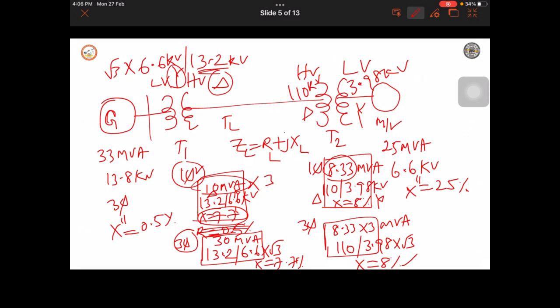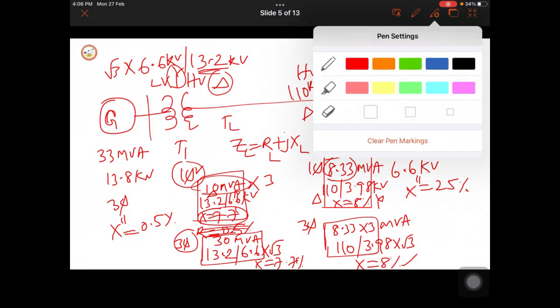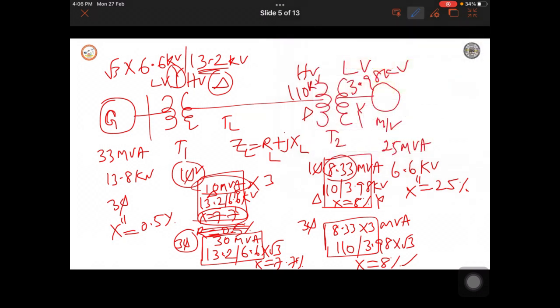And also it is mentioned that the base values. I will take a different color to mark the base values, blue color. So here SB is given as 25 MVA. You have to consider the motor rating as base, therefore VB is also 6.6 kV.